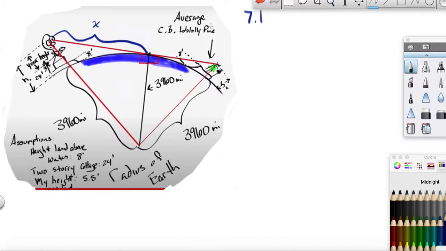Now, we can also say that the loblolly pine tree is at a certain height at eye level, even though the tree doesn't have eyes, and it is looking back to the horizon, the same horizon that we are.